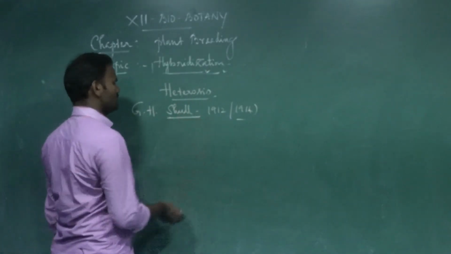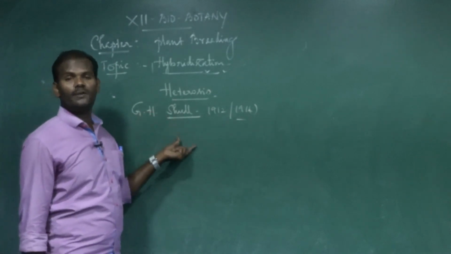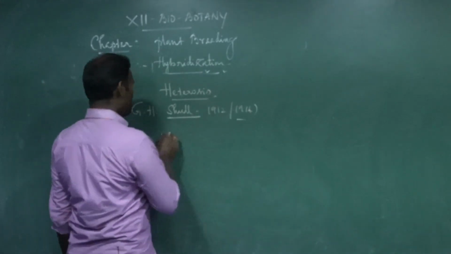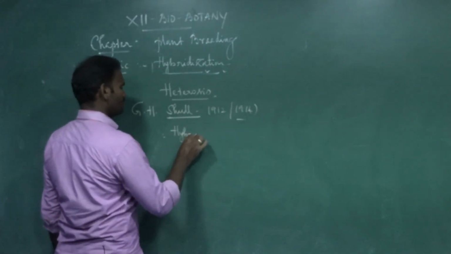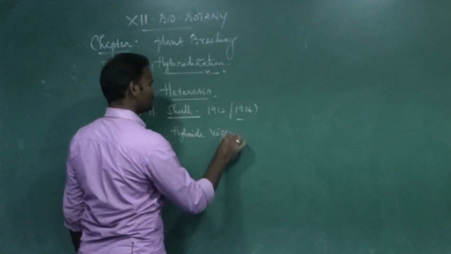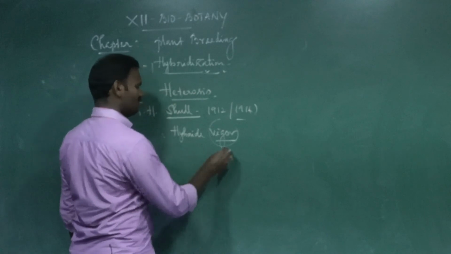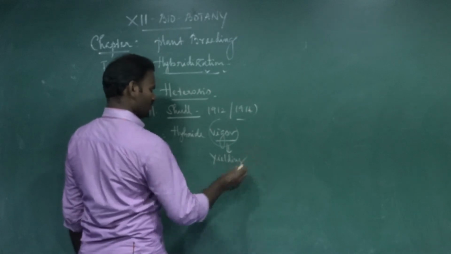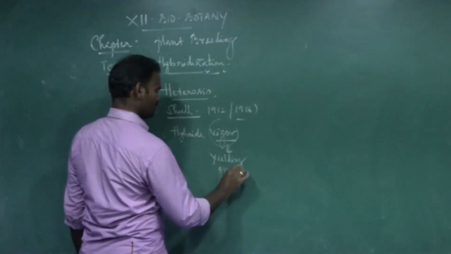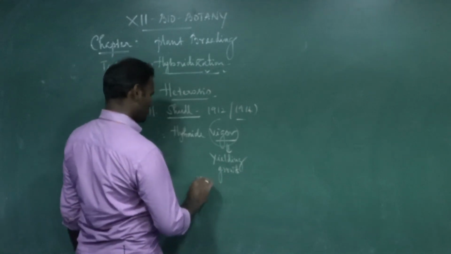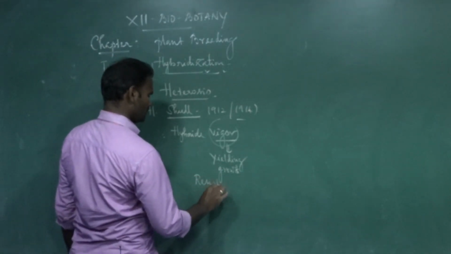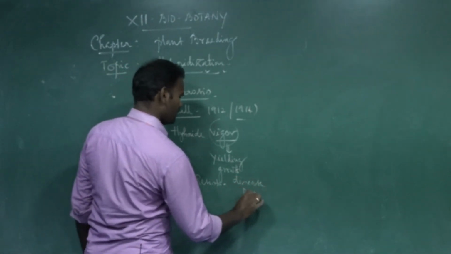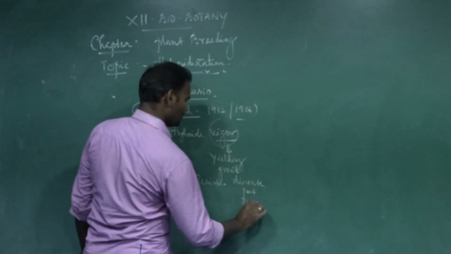Then what is called heterosis? Superiority of the F1 hybrid performance over its parents is called heterosis. Heterosis is also called hybrid vigor. What does vigor mean? Vigor refers to an increase in yield, growth rate, disease resistance, pest resistance, and drought resistance.